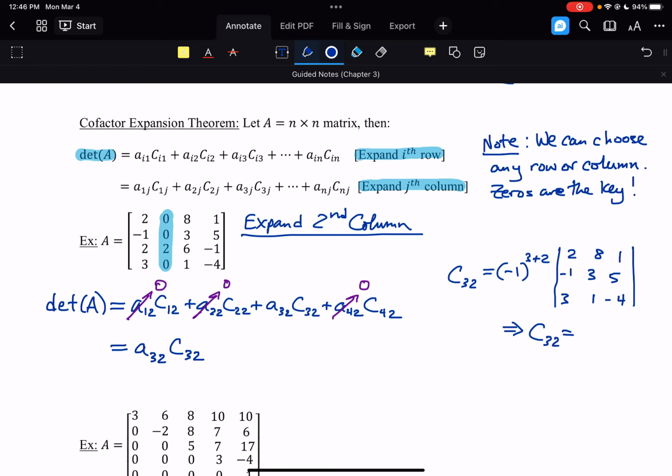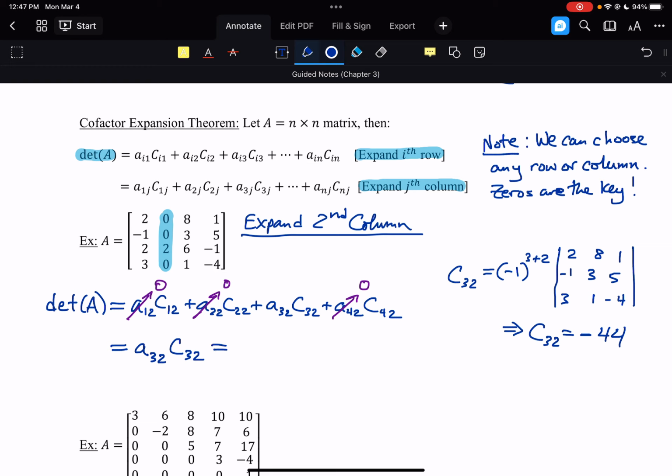The -1 is raised to an odd power, so that's going to be a negative here. And the determinant of this 3 by 3, if you go through that process, gives us 44. So we get the cofactor of the 3, 2 component is -44.